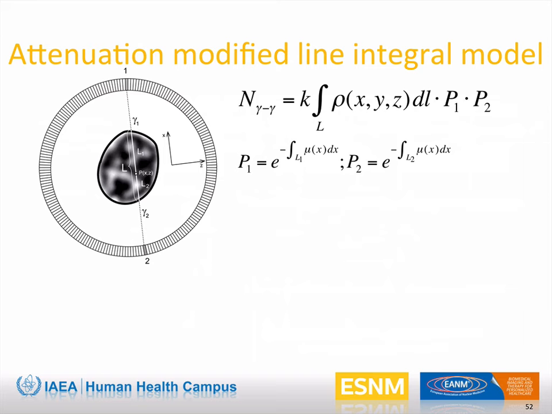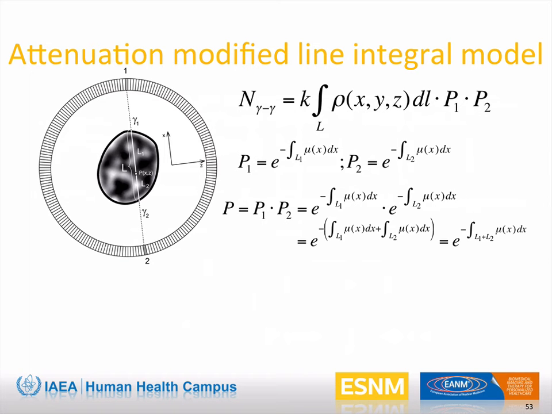Hence, the counts along a line of response L, for example from detector 1 to 2 as in the picture, should be proportional to the integral along the line L of the quantity ρ multiplied by P1 and P2, where P1 and P2 are the probabilities for the 2 gamma rays to reach detectors 1 and 2 respectively, that in turn are expressed by a simple exponential attenuation formula, whose attenuation coefficient is obtained by integrating all μ values along the lines L1 and L2 respectively, that connect the emission point to the 2 detection points.